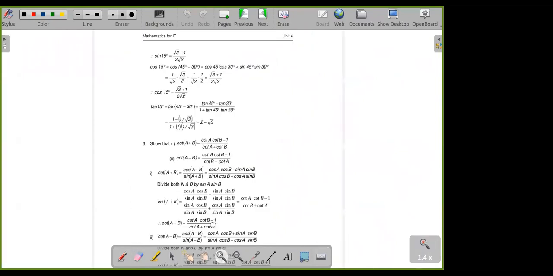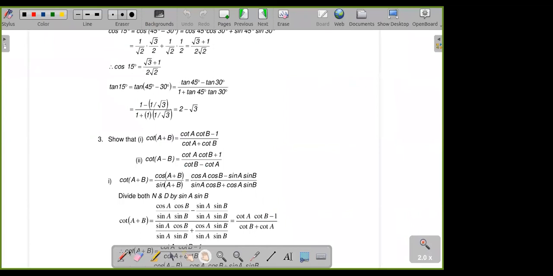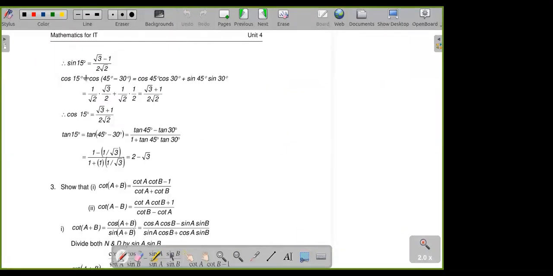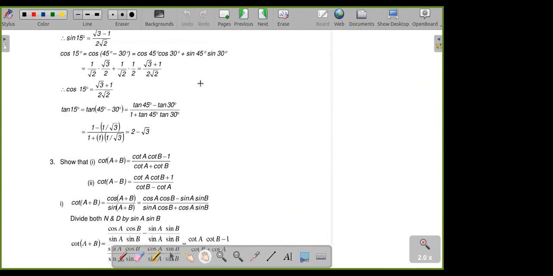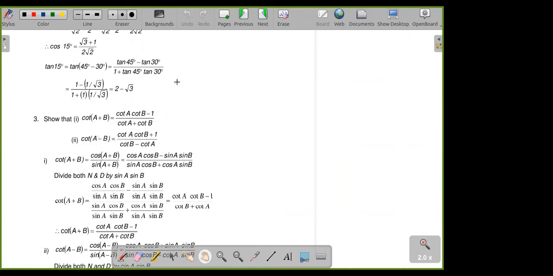Oh, again a formula comes. Sine 45 cos, sine 15 cos 15, this is all previous. This one is the formula for cot. I don't think you have to remember it. You already know tan, right?